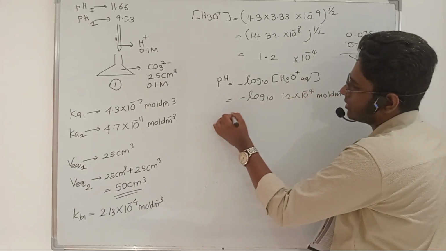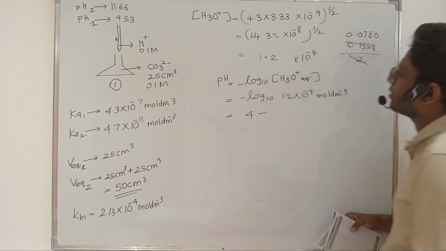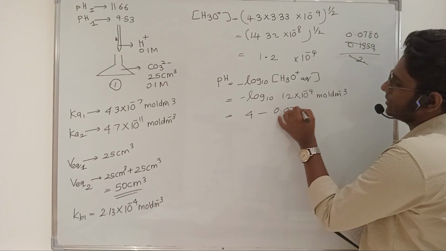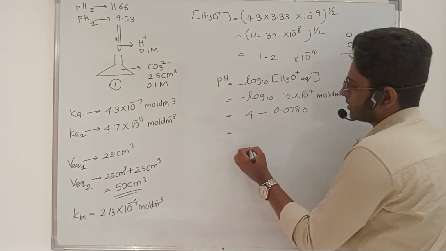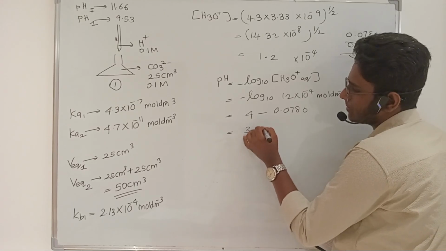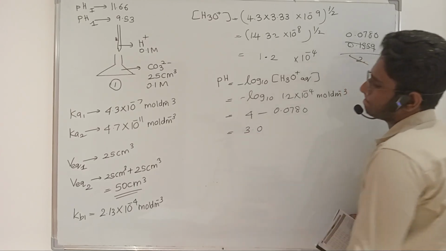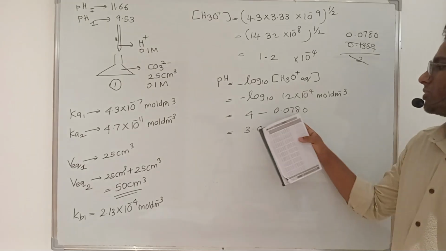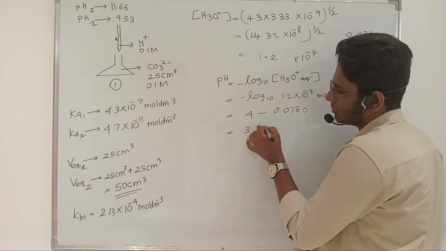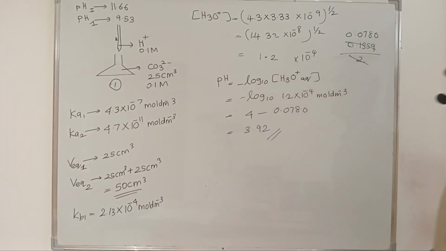So what is the pH? From 4 I subtract the log value of 1.2, that is 0.0780, which I can take as 0.08. So the pH is 3.92.